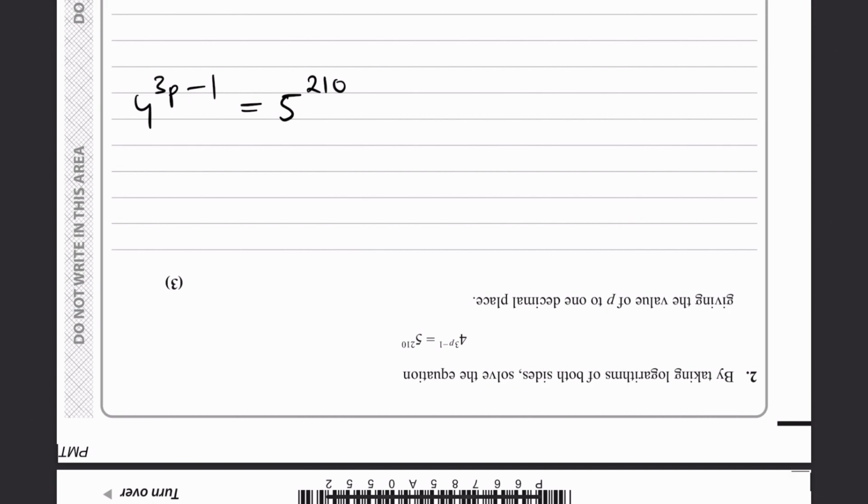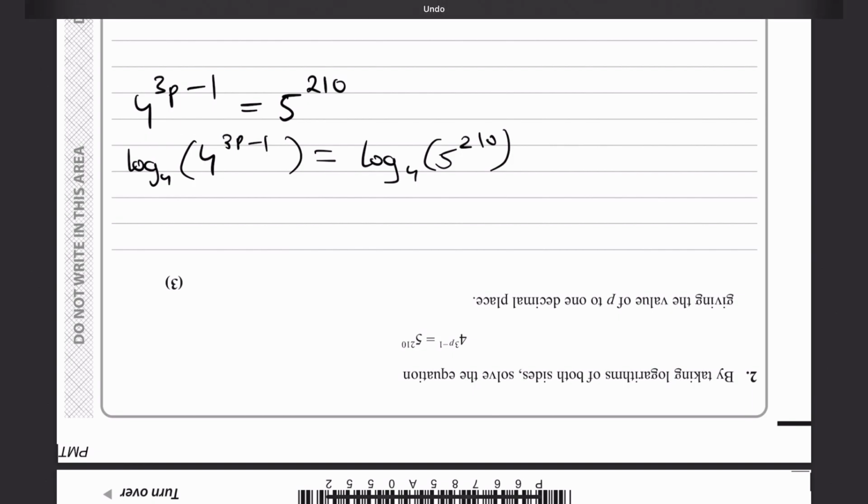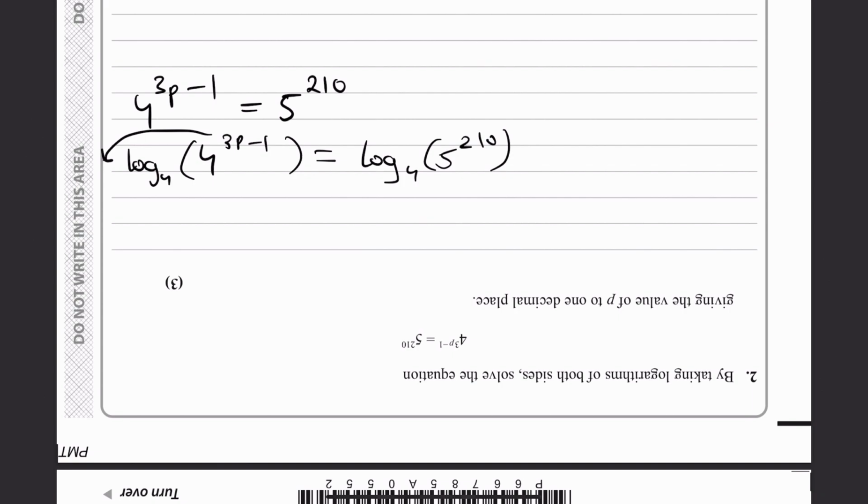So probably just take log base 4, right? If we take log base 4 of both sides, we're going to get this. And then this is just a number which you can type into your calculator. Then if you move the 3 down, the exponent, this is just going to become log base 4 of 4, which is just 1.